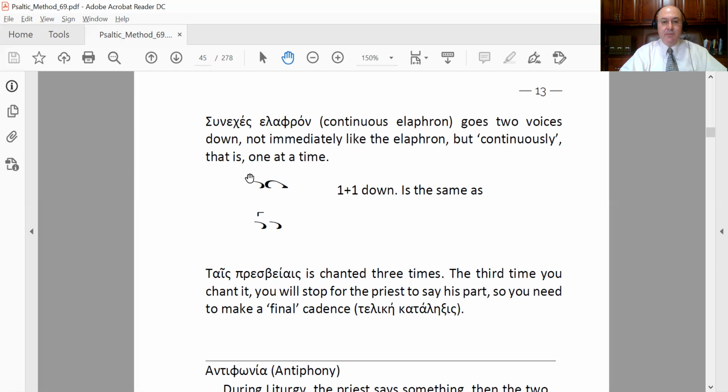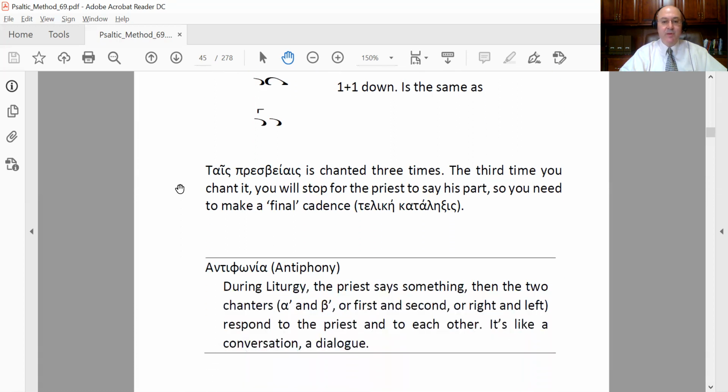The syneches elaphron, which is this combination of the apostrophos and the elaphron, goes one plus one down, one for this, one for the other. However, the first apostrophos goes on the arsis. So the top and the bottom are exactly the same thing. The syneches elaphron is one plus one down with the first one on the arsis.